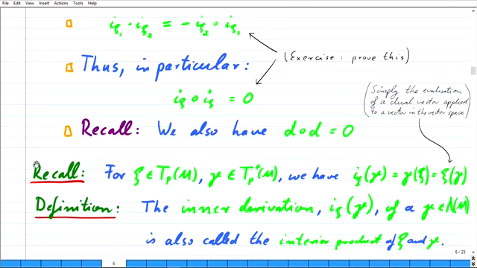Now, remember that if psi is a tangent vector and gamma is a cotangent vector, then when we defined the inner derivation, we defined it by saying how it would act on zero forms and how it would act on one forms. Gamma here is a one form. We said that it would act on one forms by the one form acting on the direction vector psi.